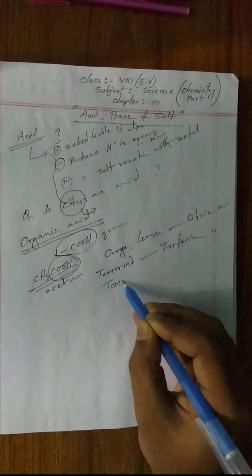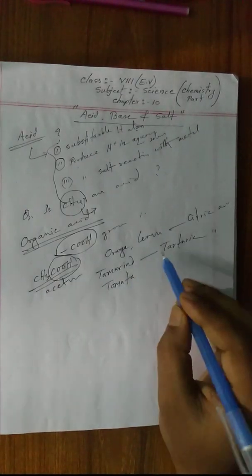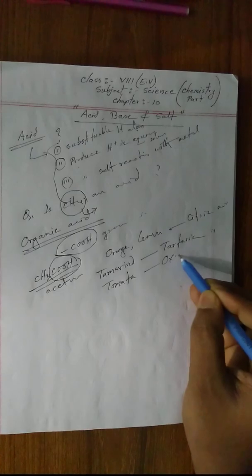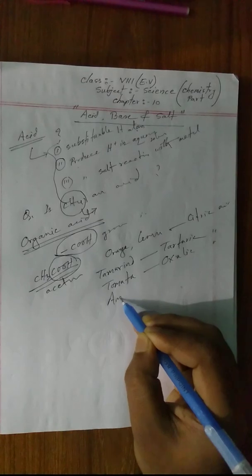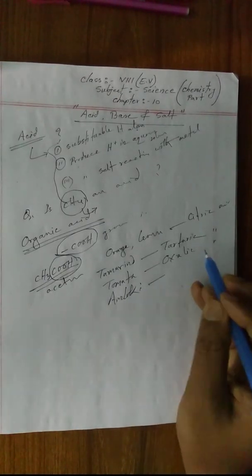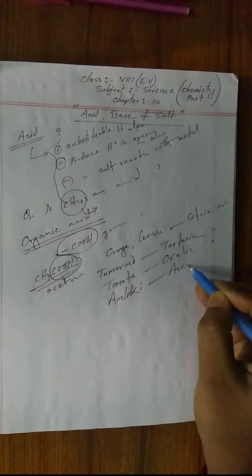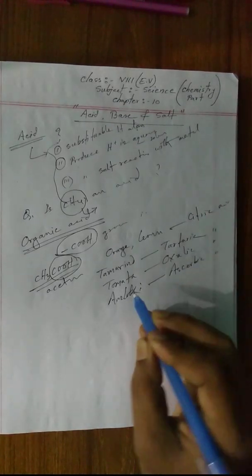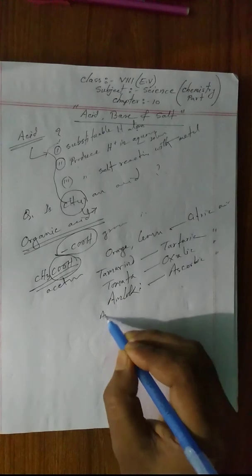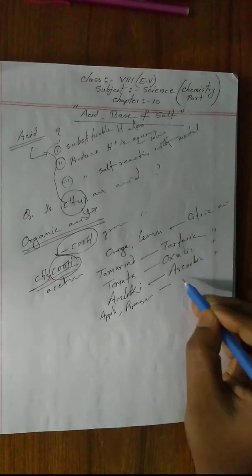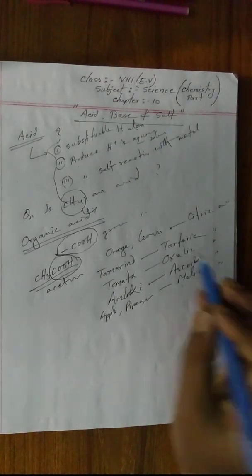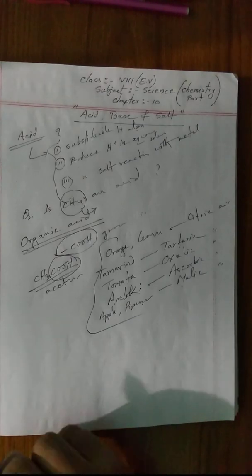In tomato, oxalic acid. In amlaki, ascorbic acid. And in apple or pineapple, malic acid. So this is very important for your MCQ exam.